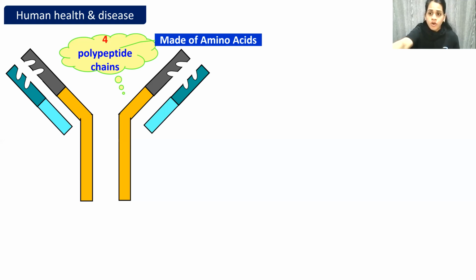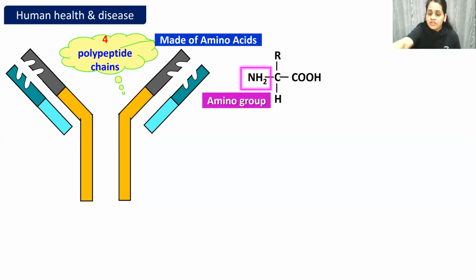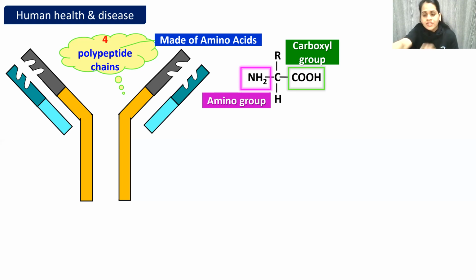So it is a polypeptide chain. It is made up of what? It is made up of amino acids. So these 4 chains are made up of amino acids, and this is the formula of an amino acid. What are the two most important parts of it? The first one is the amino group, and the second one is called the carboxyl group. So amino acids have an amino group as well as a carboxyl group.